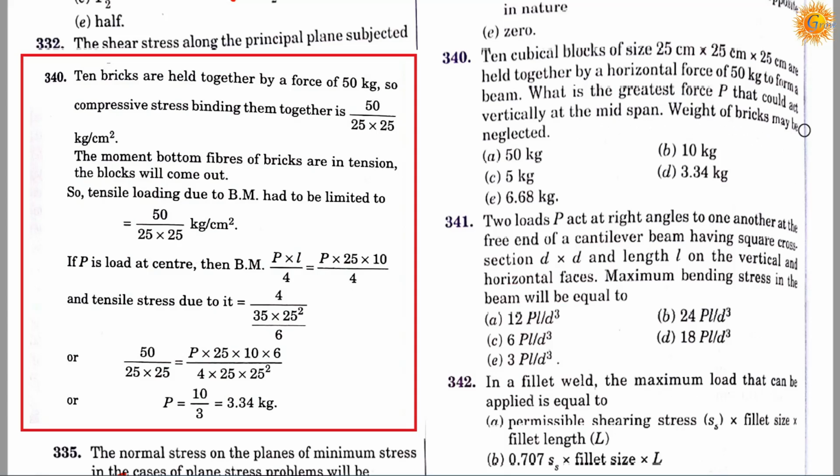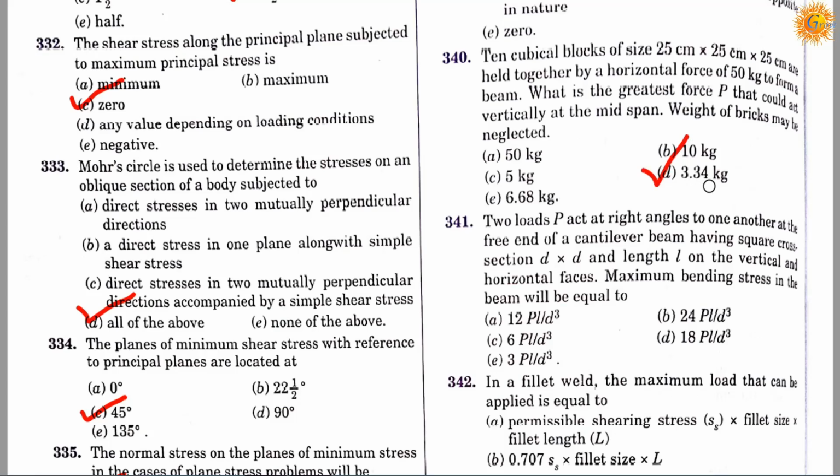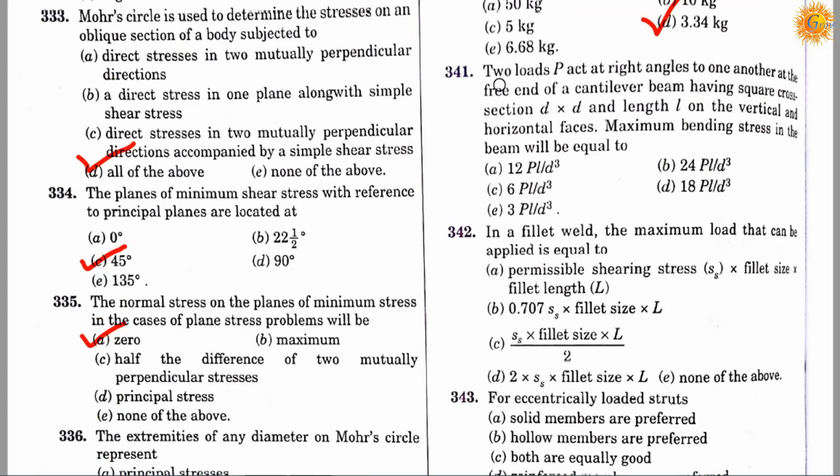Weight of bricks may be neglected. Option A is 50 kg, option B is 10 kg, option C is 5 kg, option D is 3.34 kg, and option E is 6.68 kg. So the correct answer is D. It will be 3.34 kg.